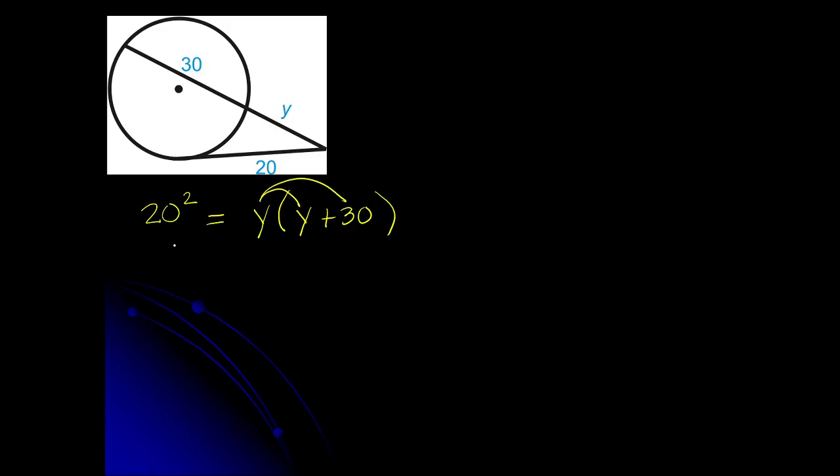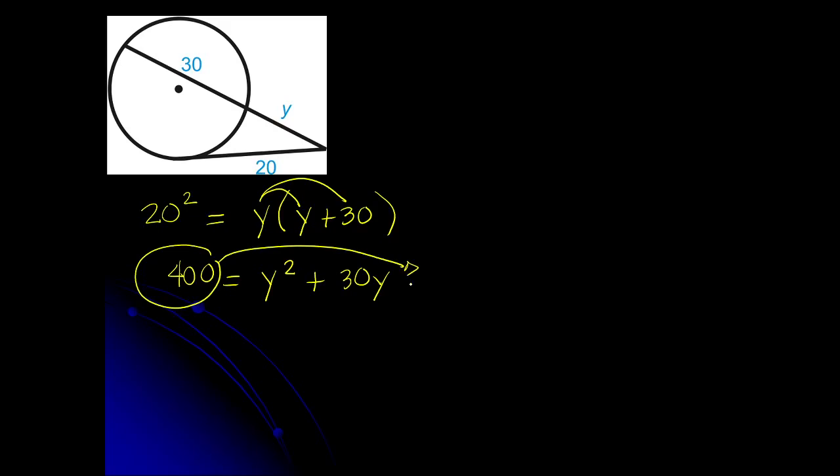So this is 400 equal to y squared plus 30y. Let's make it standard form, so it becomes negative 400. So we have y squared plus 30y minus 400 equal to 0.